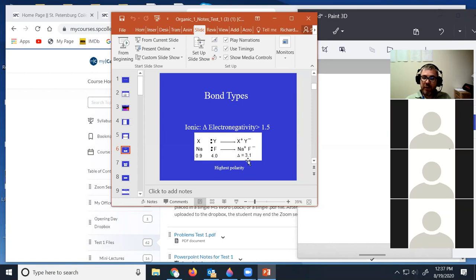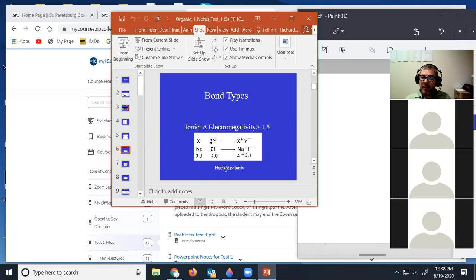So that's a very strong ionic bond is what you're going to see there with a very large difference. I know you might be wondering, well, what's large, what's small? Well, generally anything bigger than 2 I consider large for a difference. And I'll show you the implications of that in a second. Actually, it says 1.5 here, but 2, 1.5, you know, it all varies. You'll see different things in different textbooks.